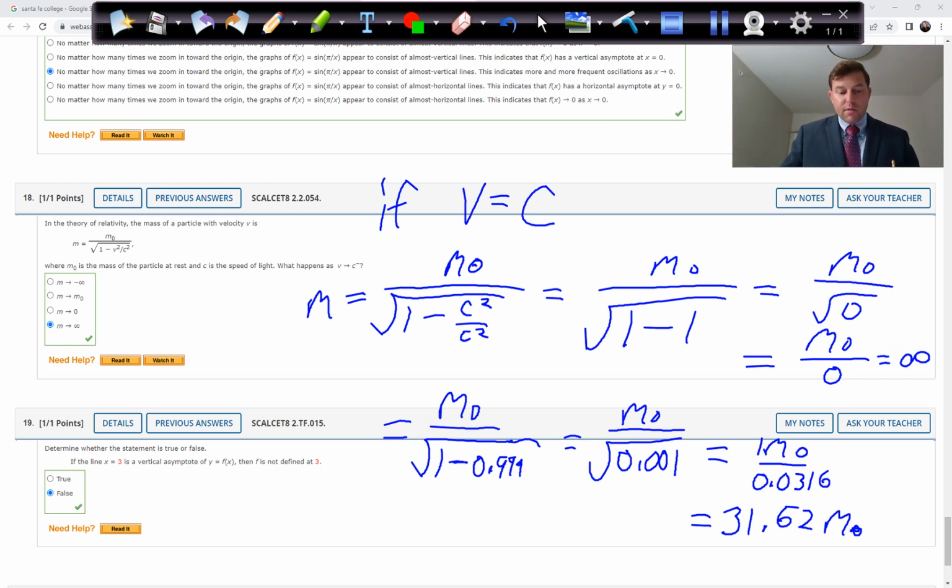If you have any mass at all, the energy required to accelerate you to the speed of light is astronomically high. So it proves again that there's this upper limit of the speed of light for velocity. As your velocity approaches the speed of light, your mass will approach infinity. It will get bigger and bigger and bigger.